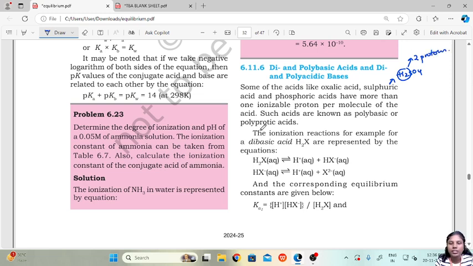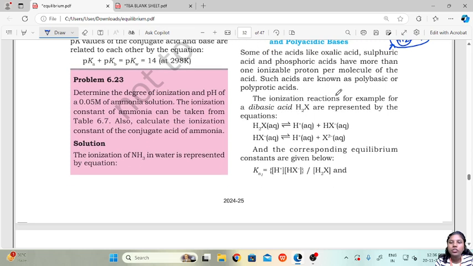So in such cases where we have 2 or more protons which can be ionized per molecule, this is just one molecule of H2SO4, and in this I have 2 ionizable protons. Such acids are known as polybasic or polyprotic acids.